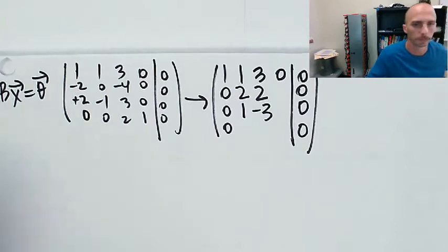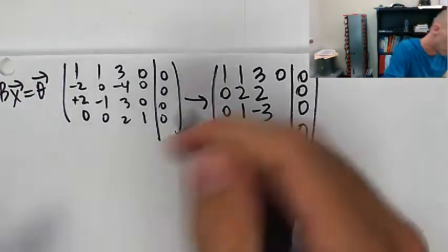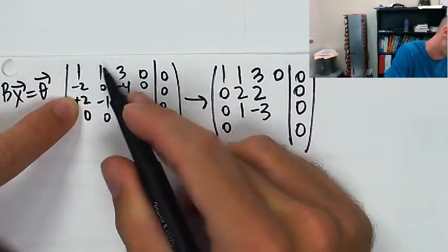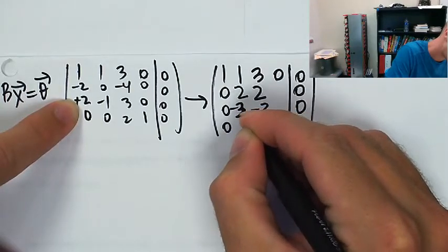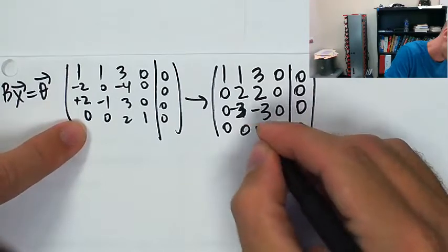Hold on, what did I do here? Oh yeah, it was an error I'd already made. Okay, so over here, when I had negative 1 and I subtracted 2 to get rid of that, that's going to give me a negative 3. Those are 0, 0, 0, 2, 1.